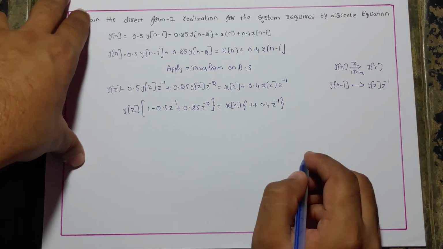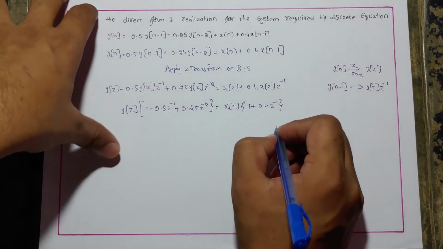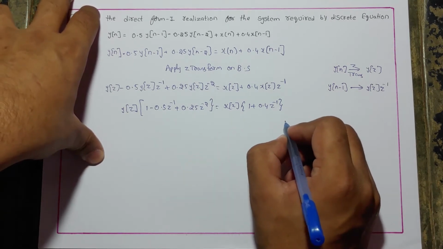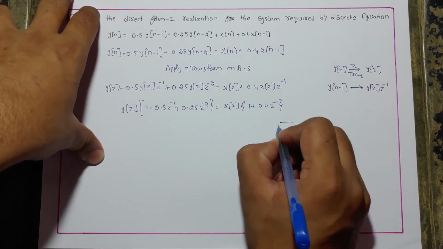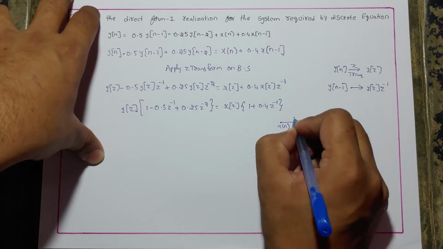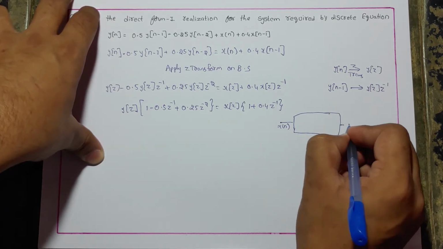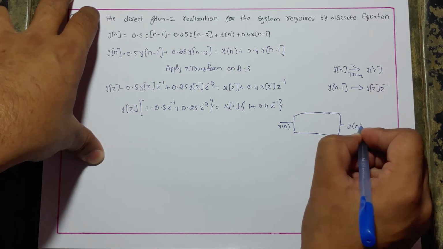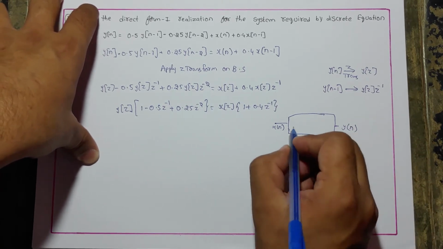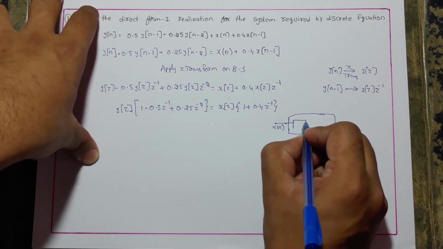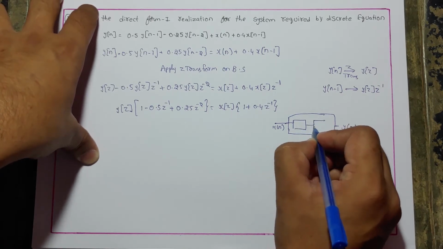Now let us draw a picture that represents the system. Let us take x of n as an input for a system and y of n is an output. Inside the system we have different parts that perform the action.